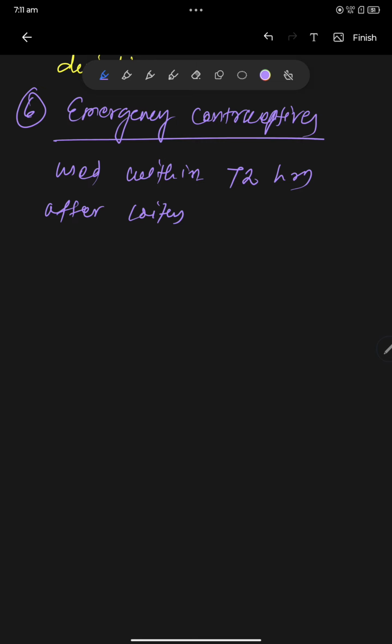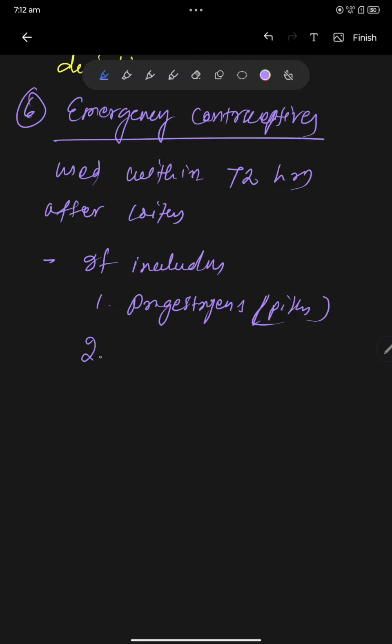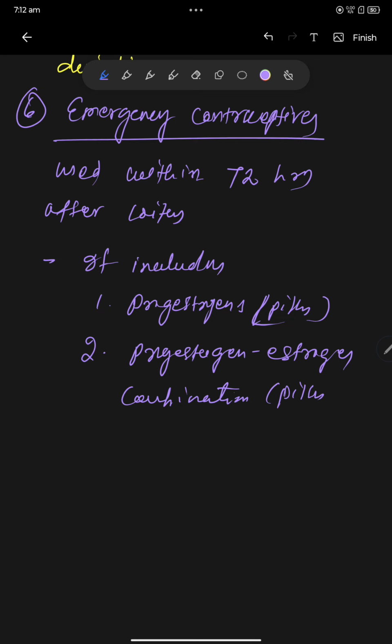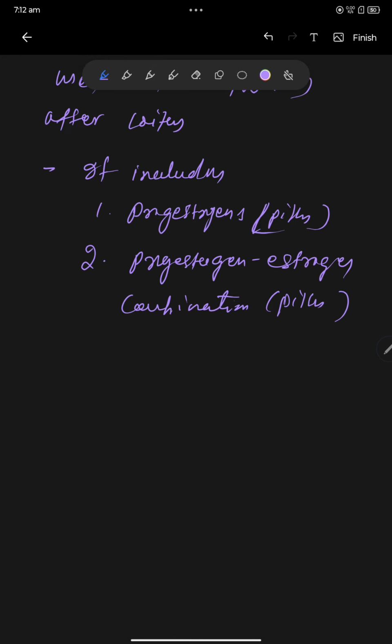It includes progesterone pills or implants, or the progesterone-estrogen combination, again pills or implants.